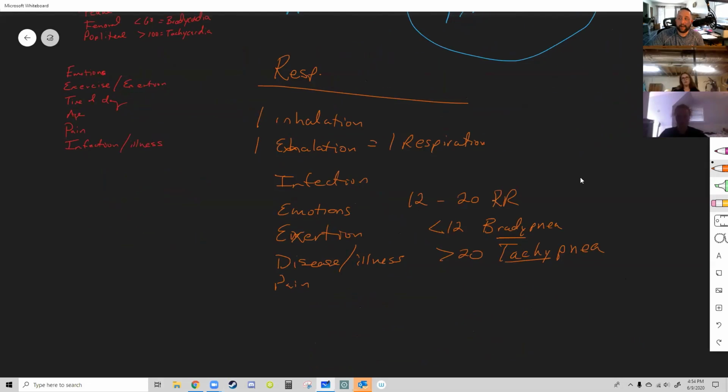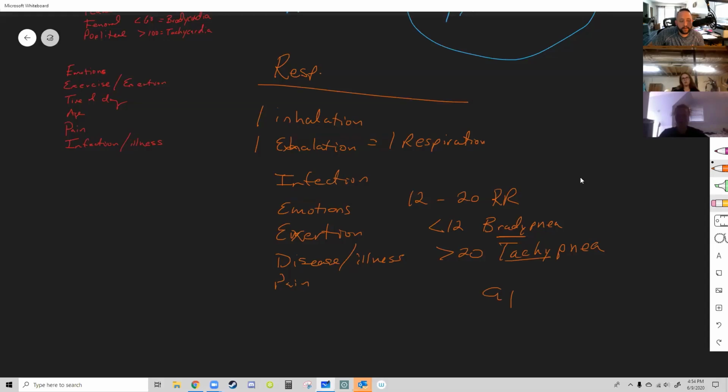You've heard of the term apnea, right? So it's the same suffix on here. A means without. Like if you're afebrile, it means you're without a fever. Apnea means without breaths for a few minutes. Medical terminology.